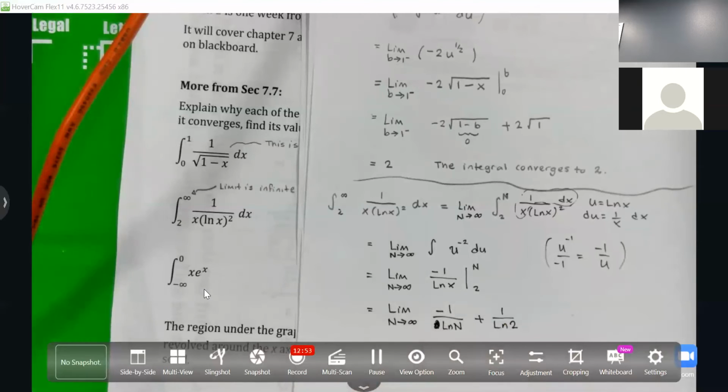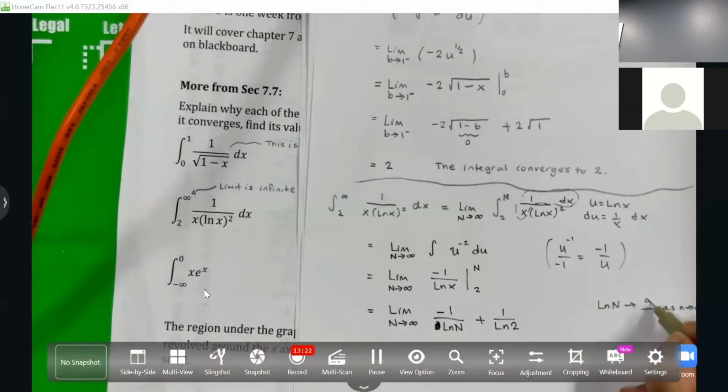So what do you know about the natural log of n as n goes to infinity? Natural log, just the natural log by itself, as n goes to infinity. What does the graph look like of the logarithm? It's a growing function, but it's slow growing.